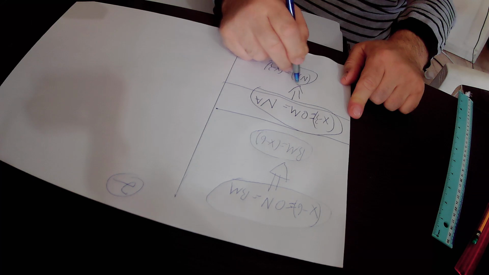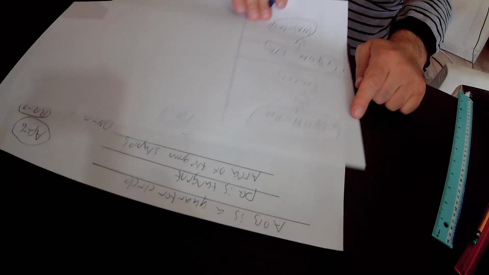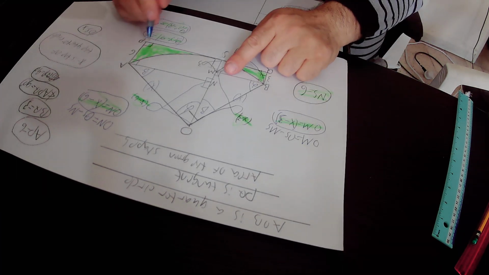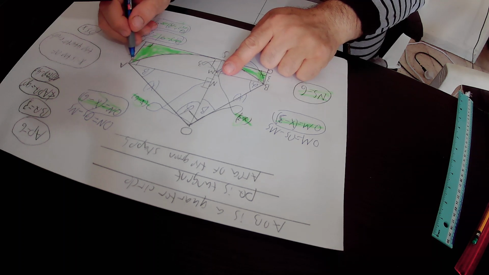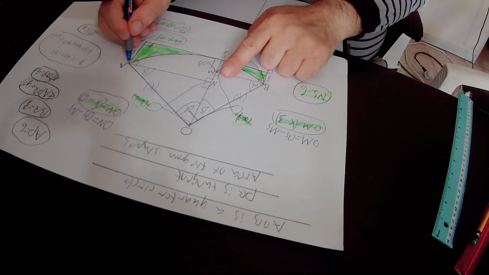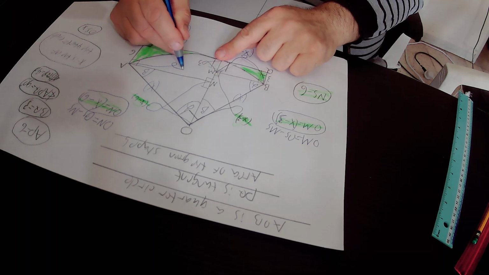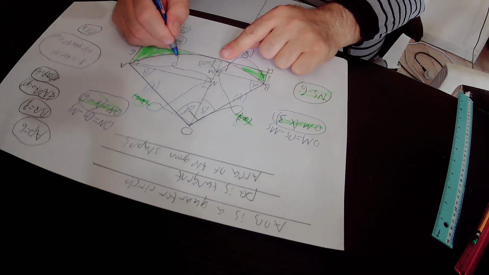NA equals x minus 3 units. So this is side NA that is equal to x minus 3 units in its length.